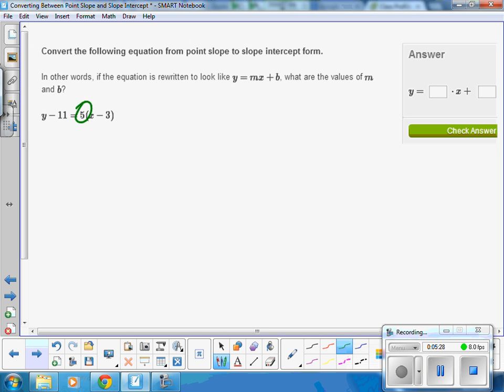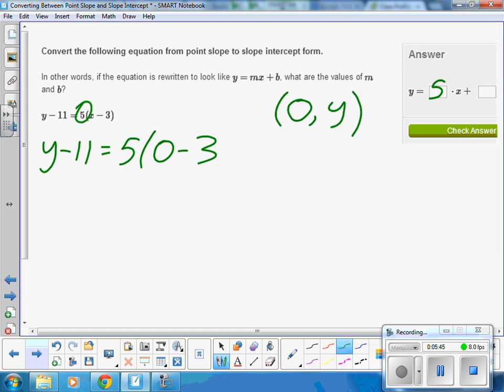5 is my slope. So that goes there. My intercept, I know x has to be 0. So y minus 11 is equal to 5 times the quantity 0 minus 3. This right here is going to equal a negative 15.